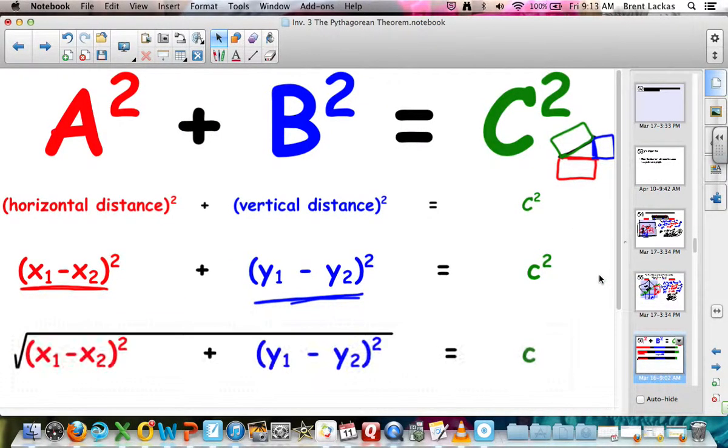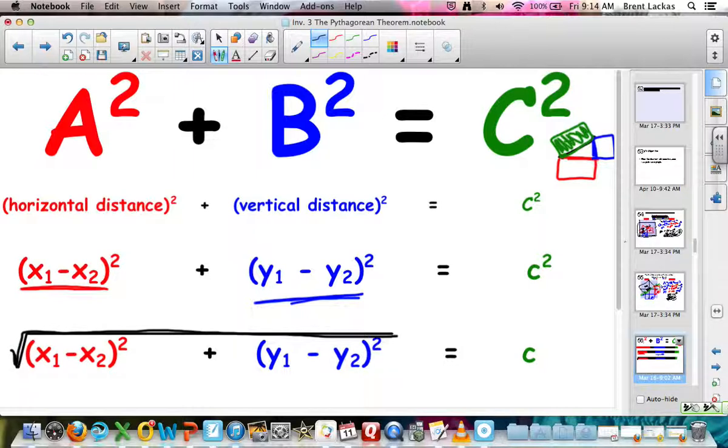Last thing, then, is you add them together to give us the area here. But we don't want the area, we need the side length. So to go from area to side length, we square root the sum of those two squares.